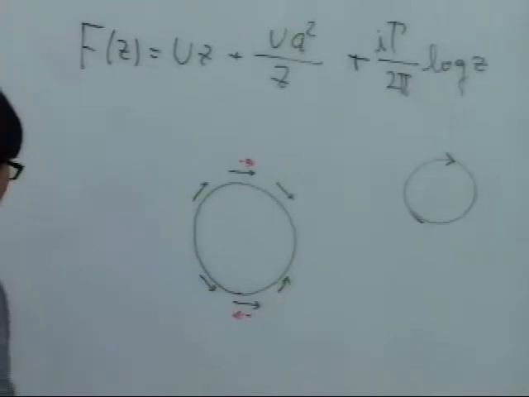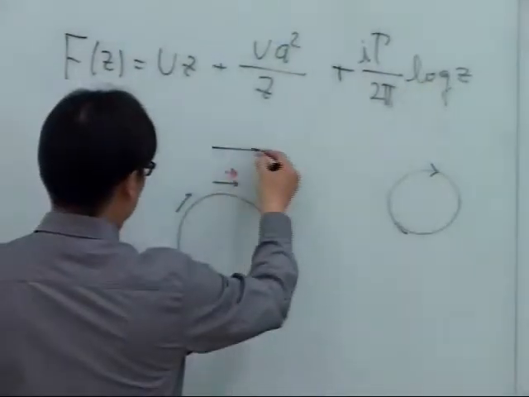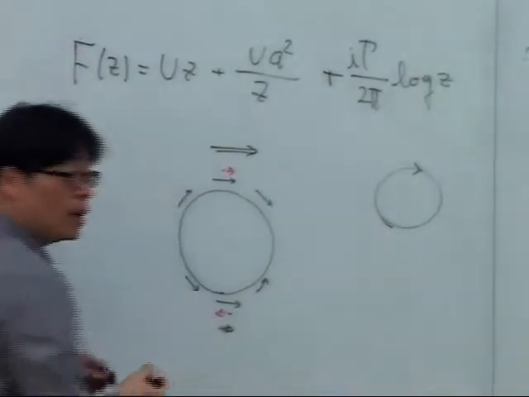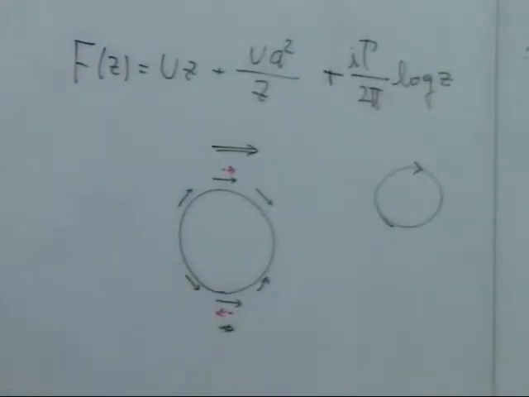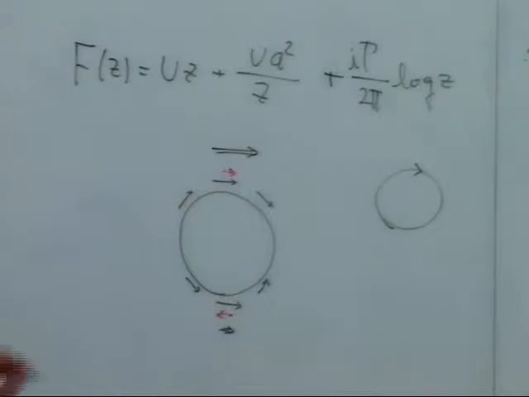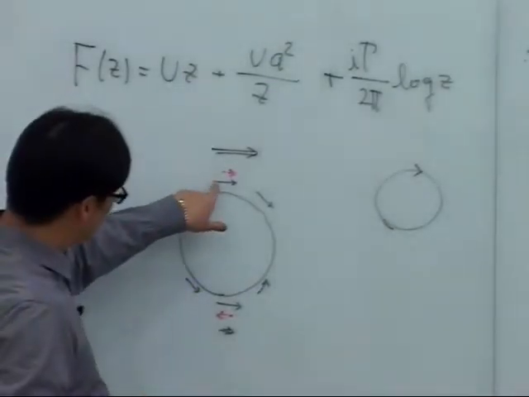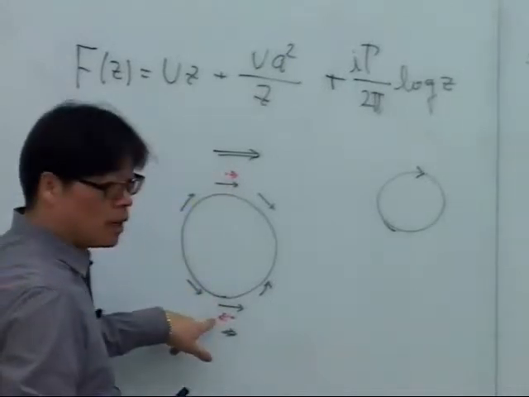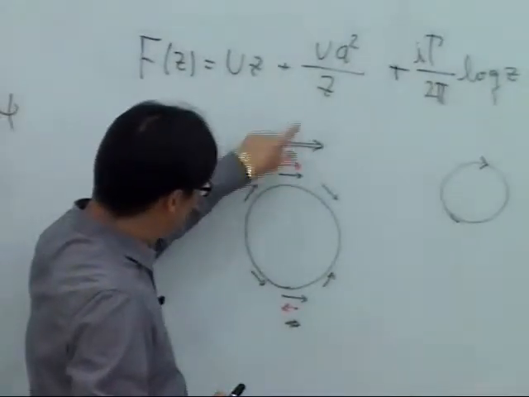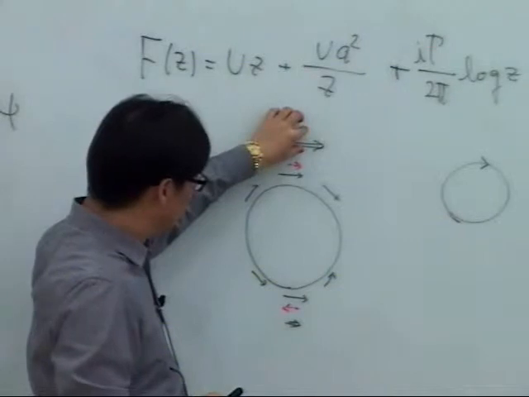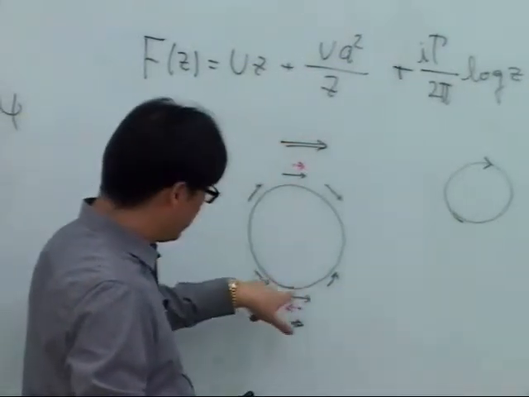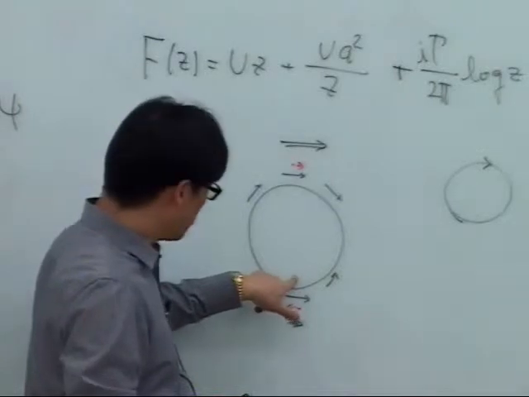Then at the end, my flow is bigger here and smaller here. When I add up, this is due to the dipole and uniform stream, and this is due to the vortex. At the end, I have a much bigger fluid speed at the top than at the bottom.